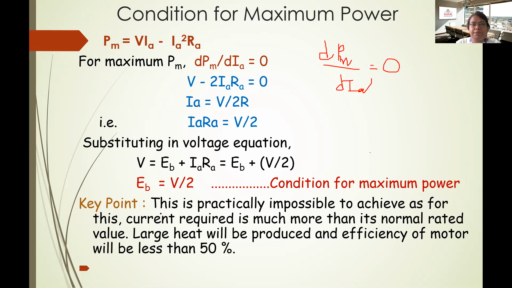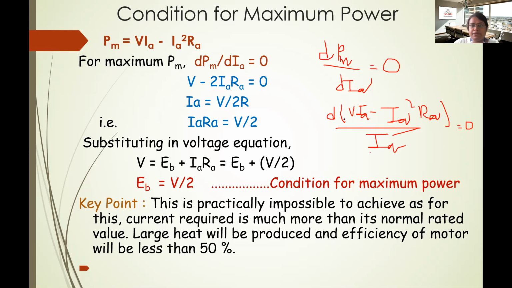Pm is V into Ia minus Ia square Ra, differentiated with respect to Ia is equal to 0.